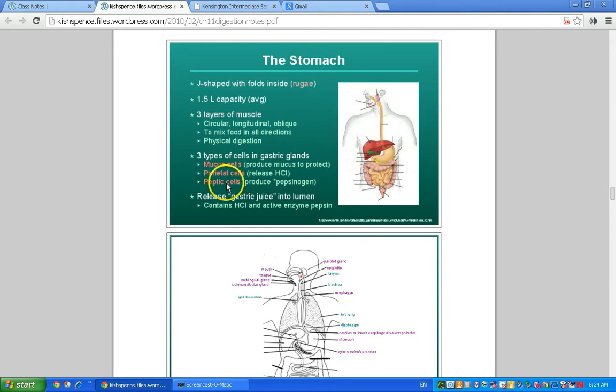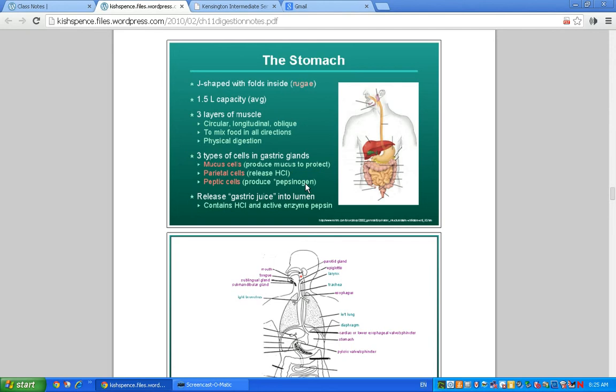The 3rd type of cells are the peptic cells, which, like the name suggests, start with pep. They produce pepsinogen. Remember we talked about fibrinogen? Ogen on the end means it's inactive. To get the name of the active protein, you drop off the ogen. So the peptic cells produce pepsinogen, which is an inactive form of an enzyme.